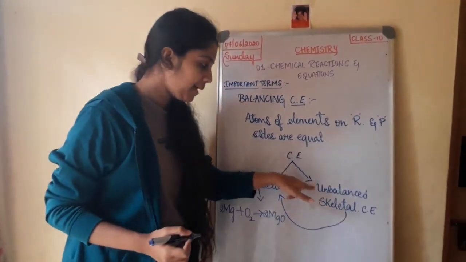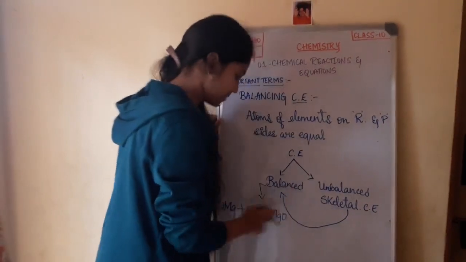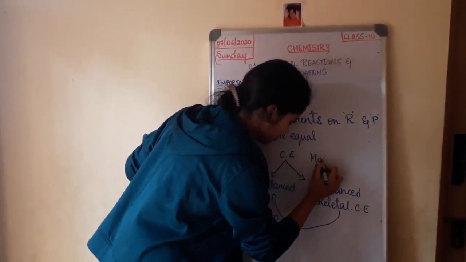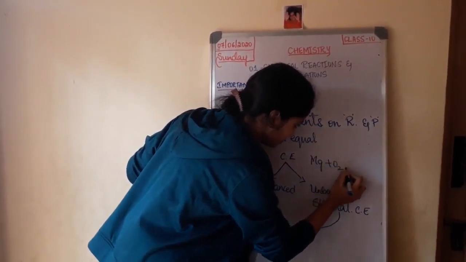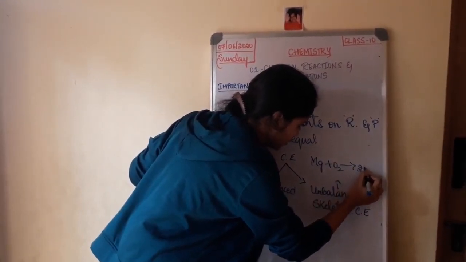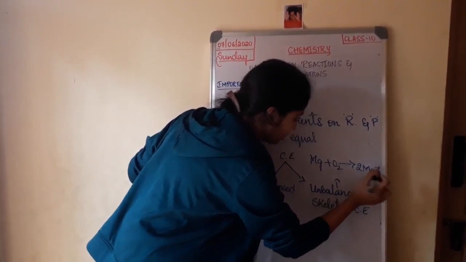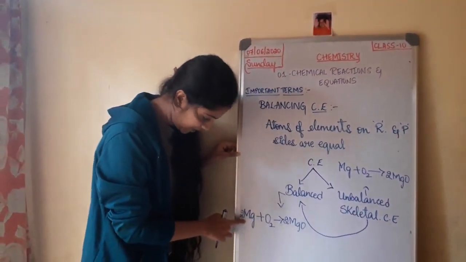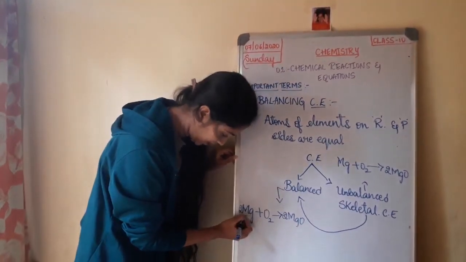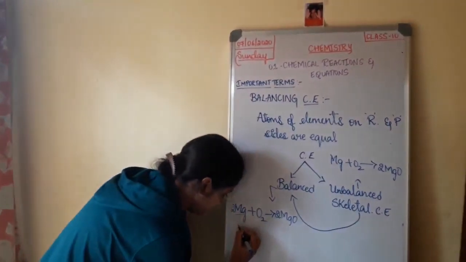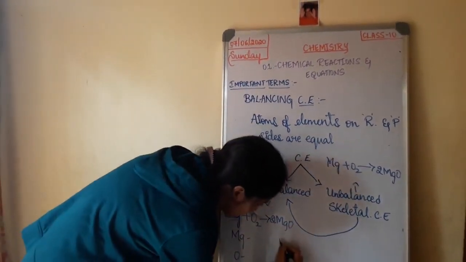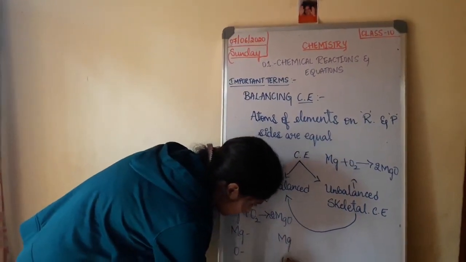Whereas in an unbalanced chemical equation with the same example, you have Mg plus O2 that gives you 2MgO. Now if you notice, on the reactant side you have magnesium. First write down the reactants and products on both sides.